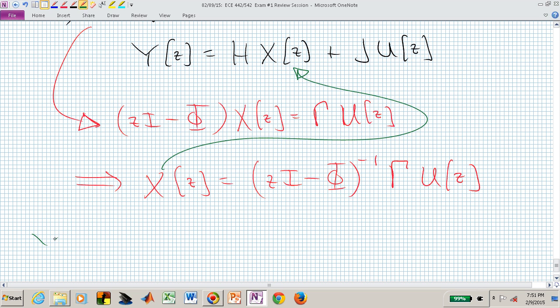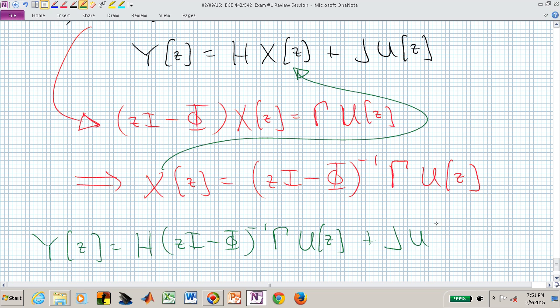We can now say that we have y of z is h times capital X of z, which is zi minus phi inverse gamma u of z. And we can't forget the j u of z.